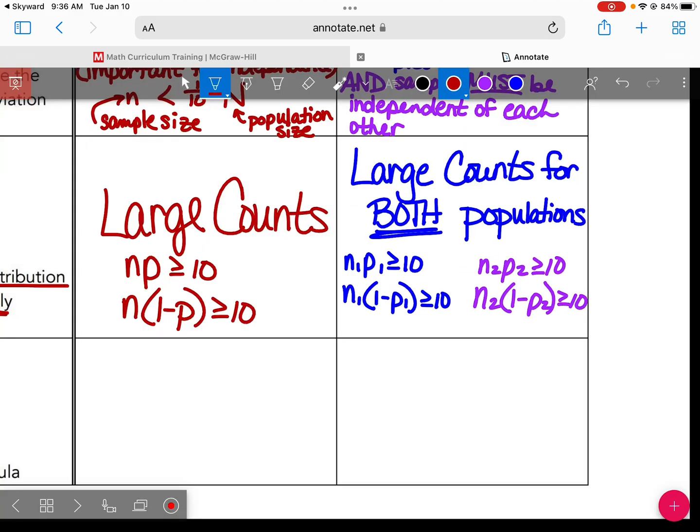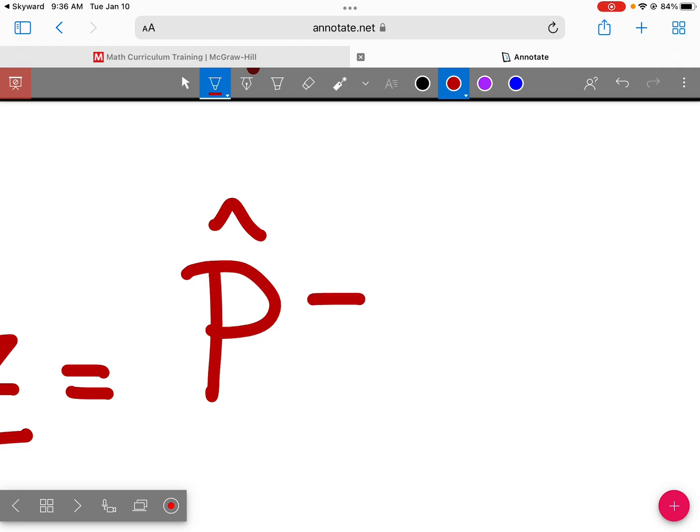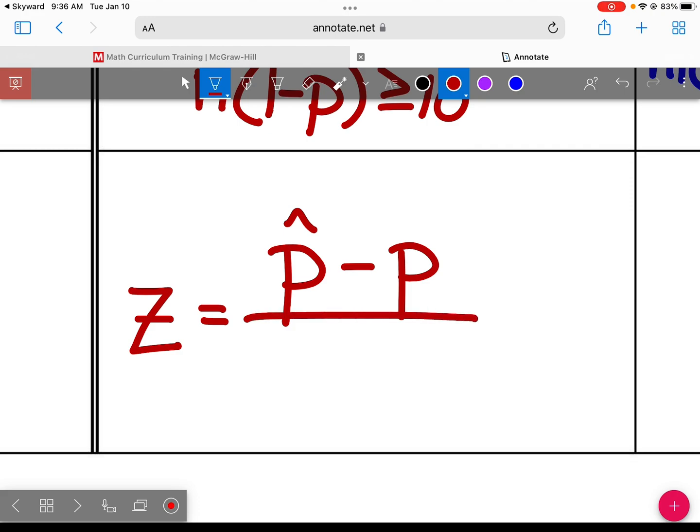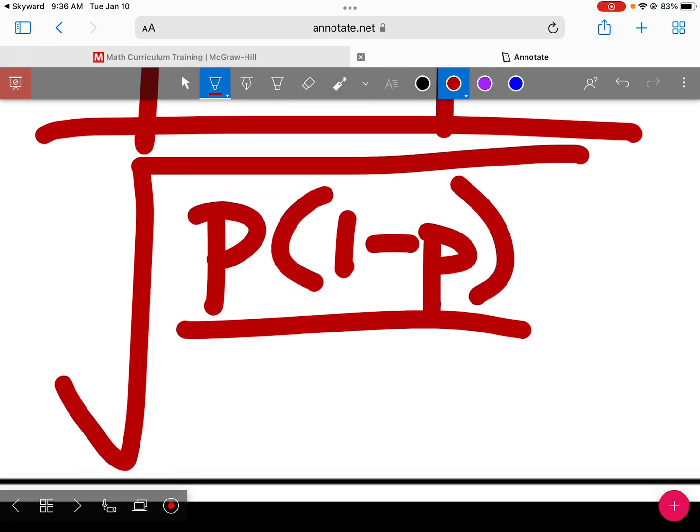Z-score formula. How do I calculate that here? I've got z equals, now my sample proportion, p hat, minus what? Minus p, my true population proportion, divided by standard deviation, which in this case we calculate as the square root of p times 1 minus p over n.